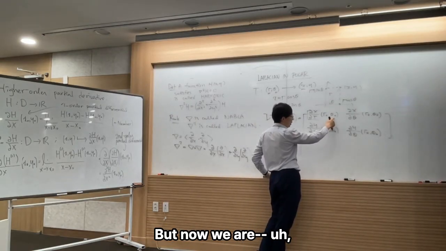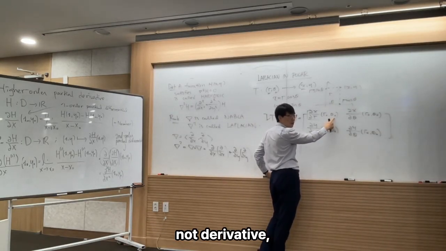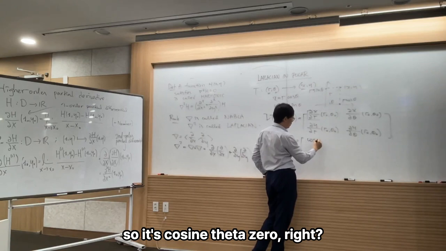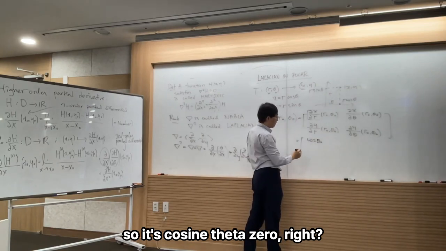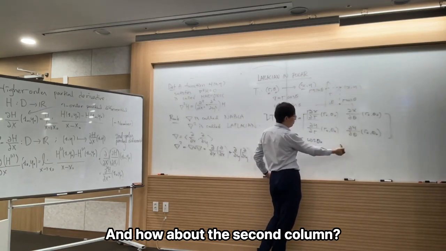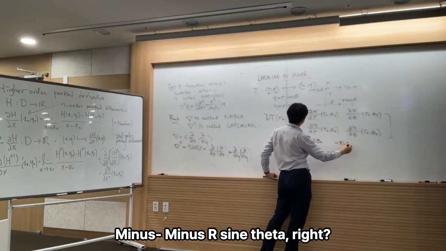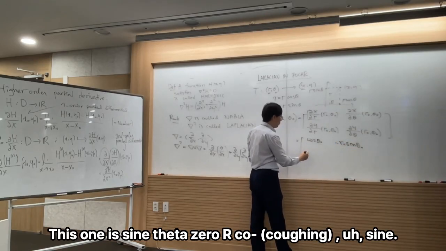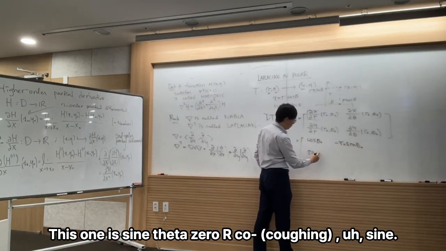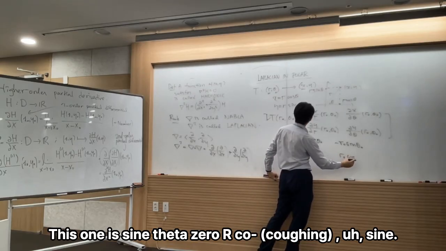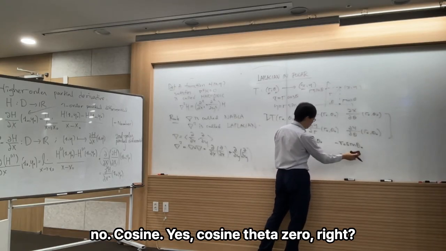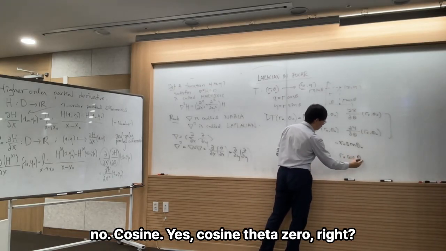But now we want to put in the differential, not the derivative. So it's cosine zeta 0, right? And how about the second column? Minus r sine zeta, right? This one is sine zeta 0, r cosine zeta 0, right?